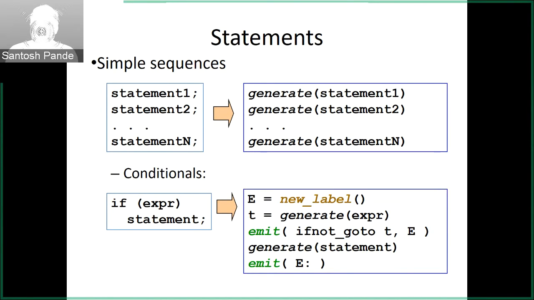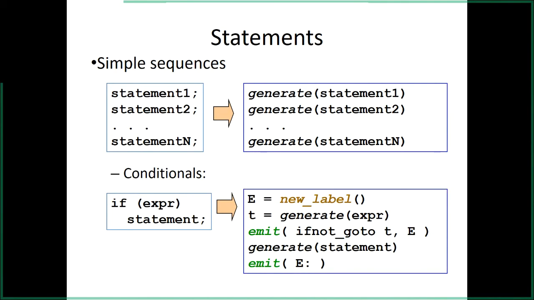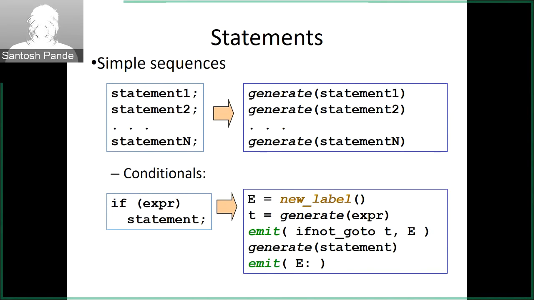And we'll hold it in T, just like we processed the sub-expressions earlier. Once we do that, next we will simply check if the outcome of this is true or not.